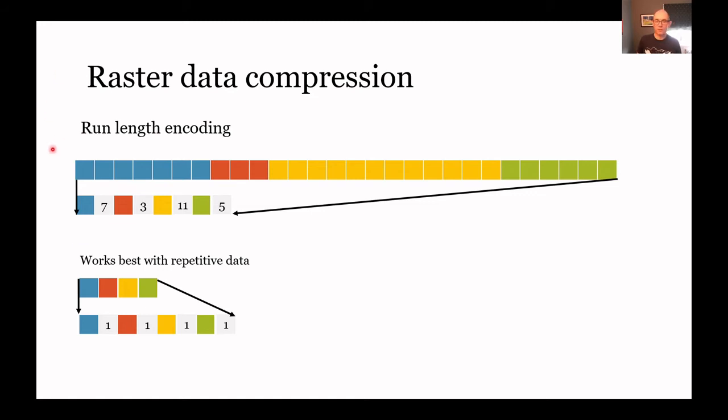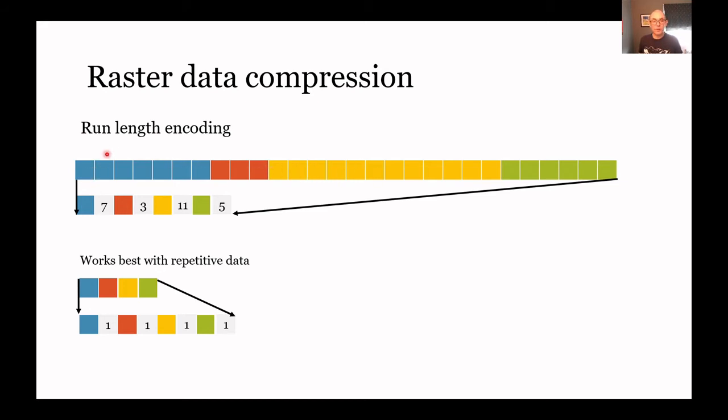This first one is run length encoding, and this is going to be more useful for classed data rather than continuous data. And so we're going along row by row, and we're looking for a run of similar pixels, or exactly similar pixels. So here we have 7 blues, and then 3 reds, and then 11 yellows, and 5 greens.